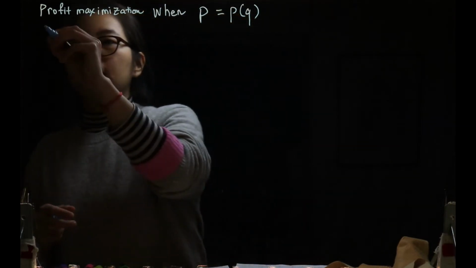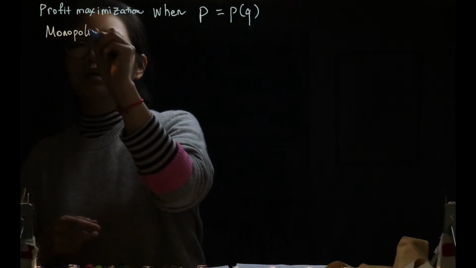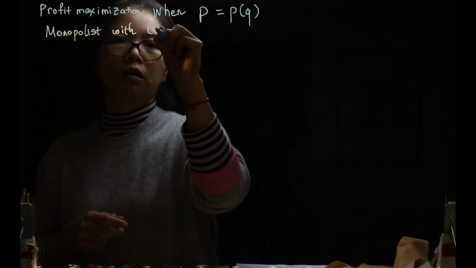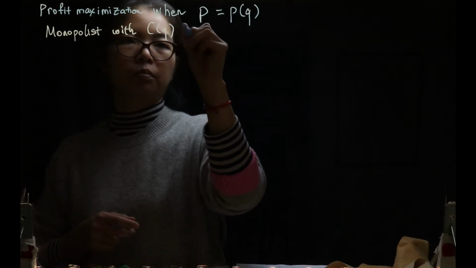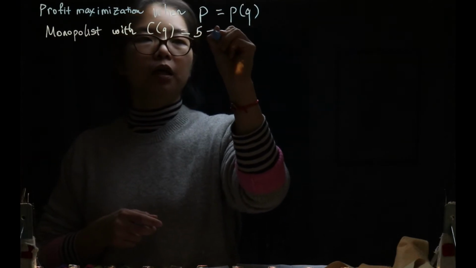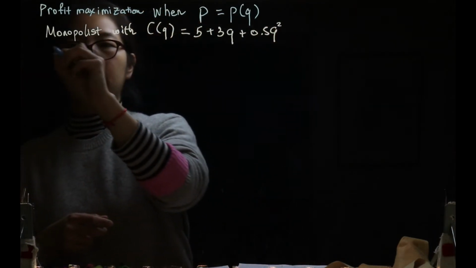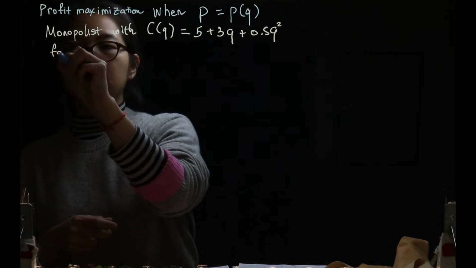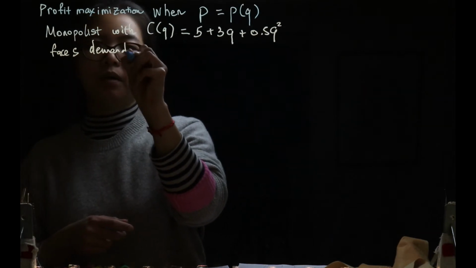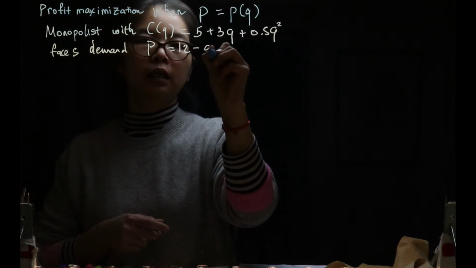So for example, let's take a monopoly, with a cost curve as a function of output given by C equals 5 plus 3Q plus 0.5Q squared. And this monopolist faces demand given by P equals 12 minus Q.